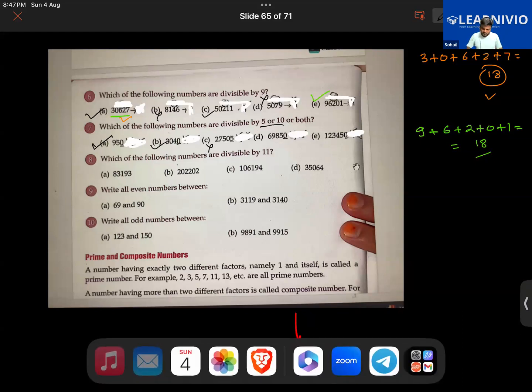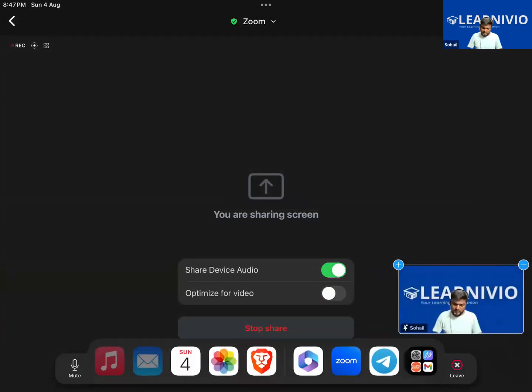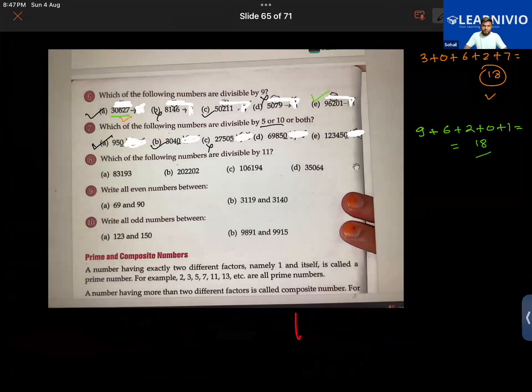Am I not audible? Let me check. Hello. See, my voice is going in the meeting. It's audible in the meeting. Here I can see my mic is perfectly working. Am I still not audible? Yes, you're audible now. Okay.